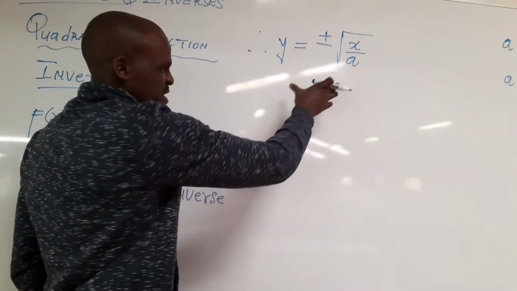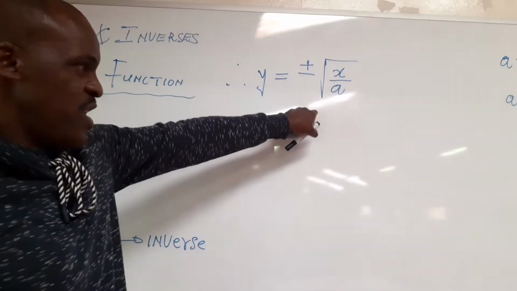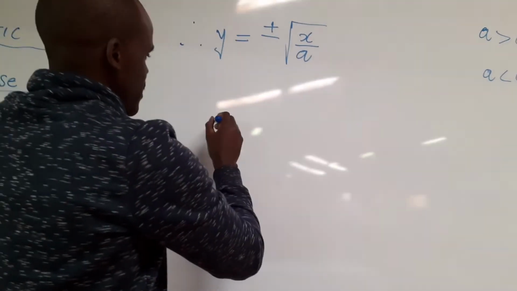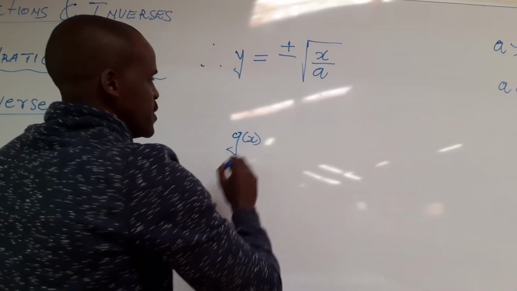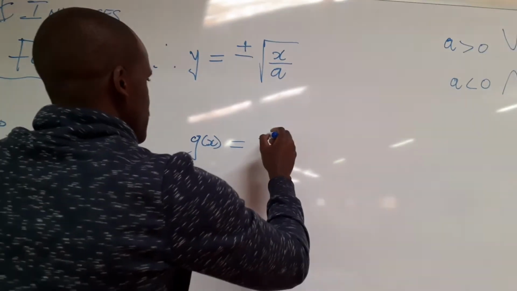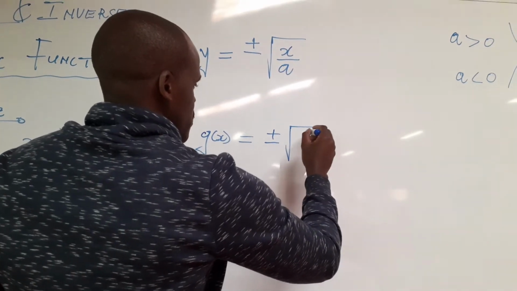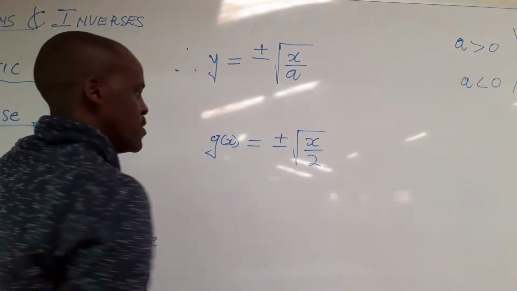You can be given this as a function and be asked to go back to find the inverse of that. For instance, let's say you have g at x equal to plus or minus square root of x over 2.